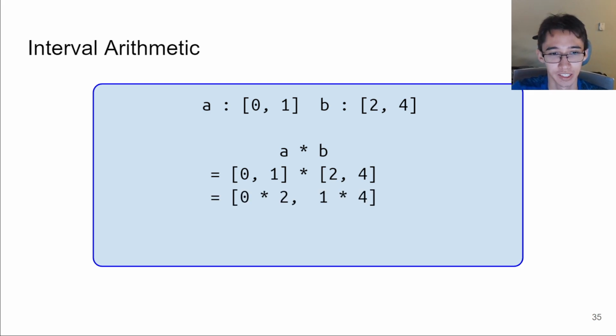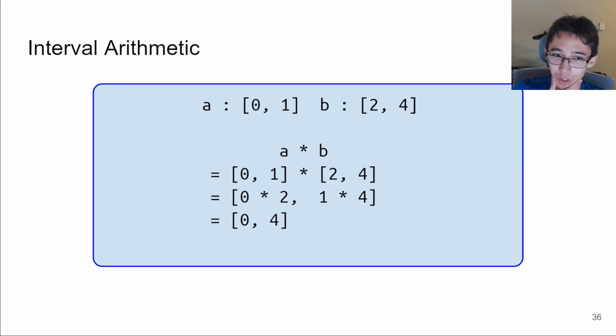And the answer in this case is that if you take the smaller of the endpoints for the inputs and the bigger for the endpoints of the inputs, then you get 2 new endpoints because we're trying to minimize the multiplication on the left and maximize the multiplication on the right. So the values that this computation can take are 0 to 4, because the lowest number we could get is 0 and the highest number we could get is 4 from 1 times 4.